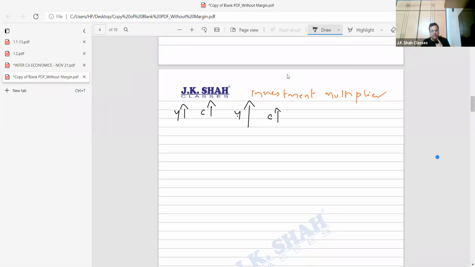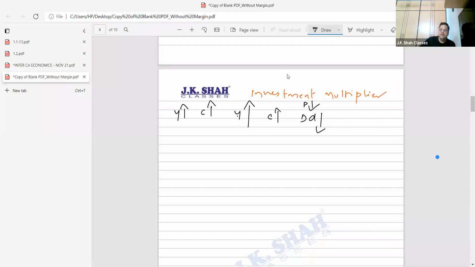Beta, when people in the country start saving money, that means demand for goods becomes less. When demand for goods becomes less, imagine one has a shop and wants to sell the goods. What will one do? One has no other option but to reduce the price.